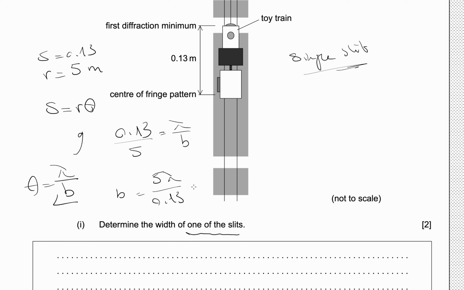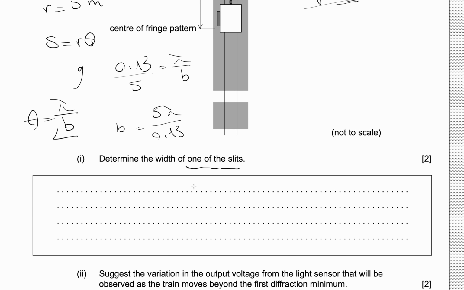That'll give you a value of 2.4 × 10^-5 meters.